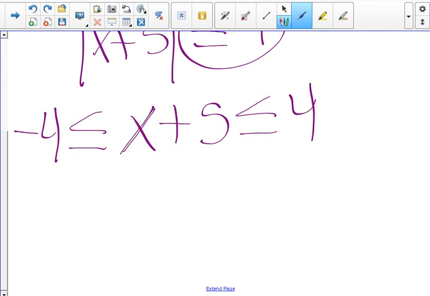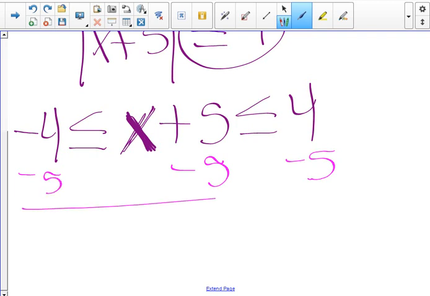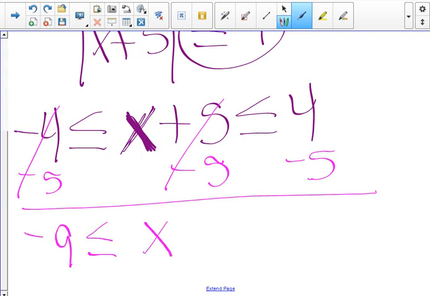Now solve for x. So now I'm going to subtract 5 here, subtract 5 here, subtract 5 here. And this goes to 0, this goes to negative 9, less than or equal to x, less than or equal to negative 5 plus 4, which is negative 1.